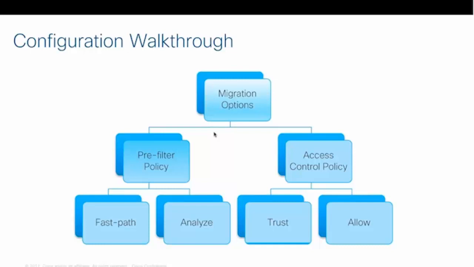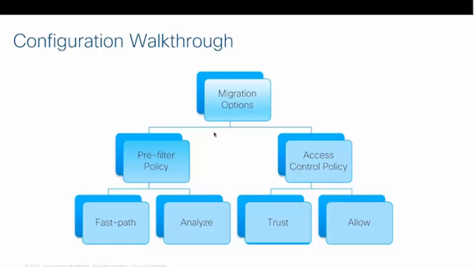The migration option gives us two alternate ways to migrate the ASA configuration into the FirePOWER Threat Defense configuration. We can either convert this configuration as a pre-filter policy on the FirePOWER Threat Defense or as an access control policy.